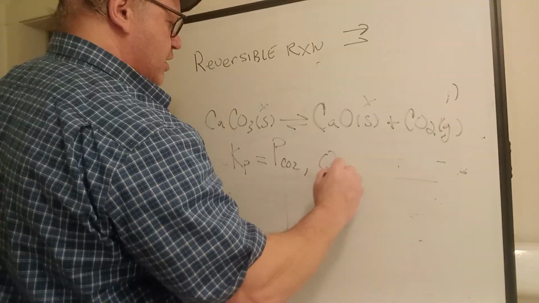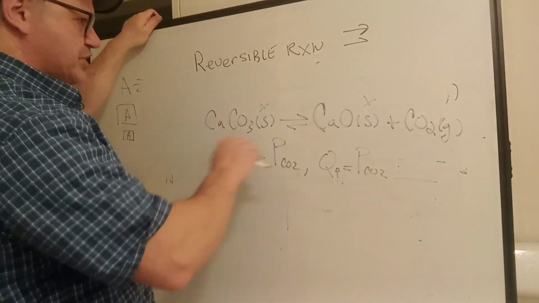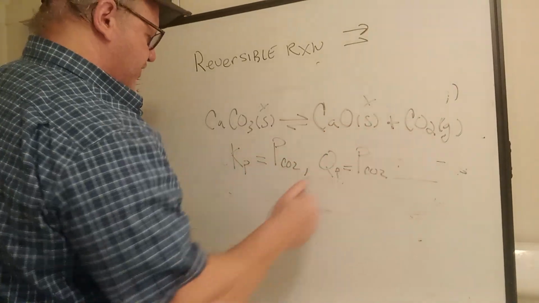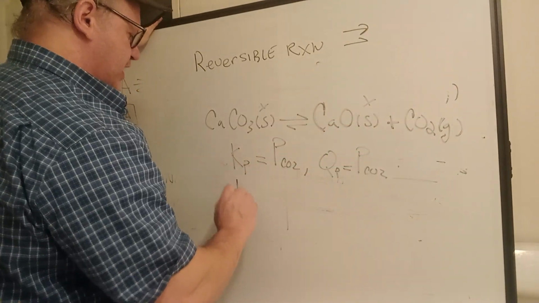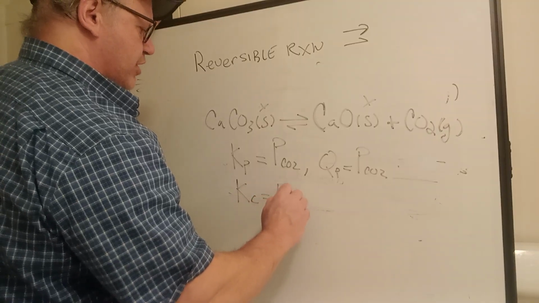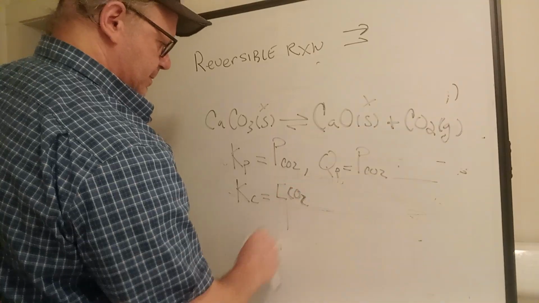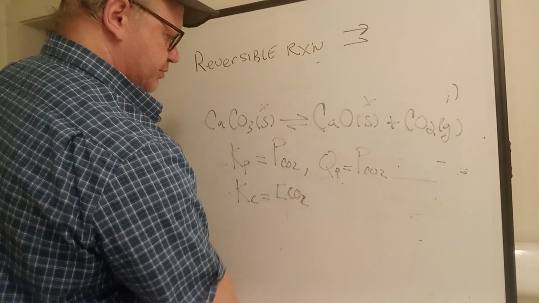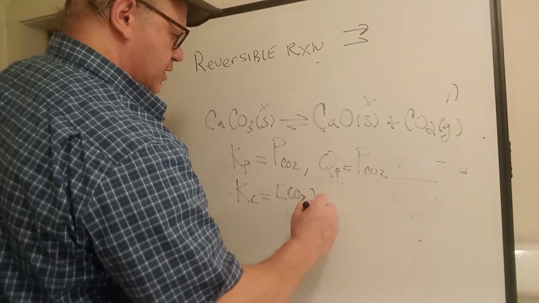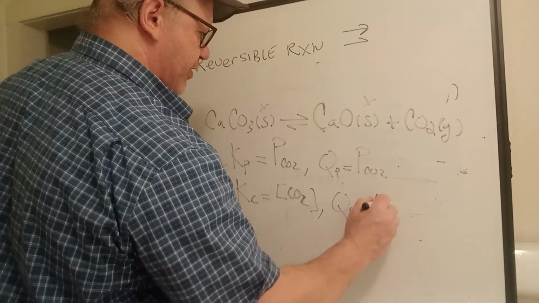Qp would be the partial pressure of CO2. Since the species is in the gas phase, we could also do it in terms of Kc. Kc would be the molarity of CO2, and Qc would be equal to the molarity of CO2.